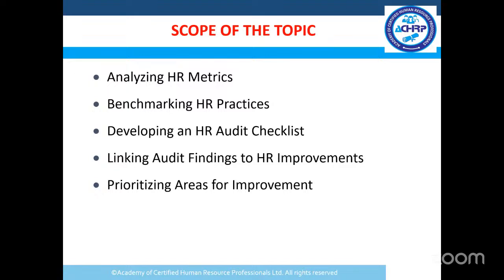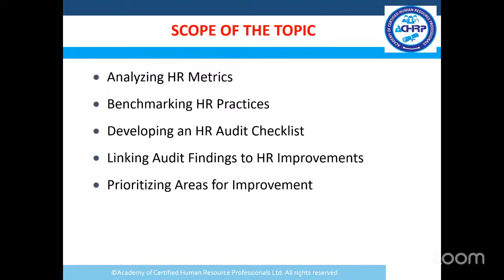Then number four, as an area of interest in today's discussion, is how we can link our audit findings to HR improvements. We are going to look at the audit process, just like we looked at yesterday, and also try to look at the findings.